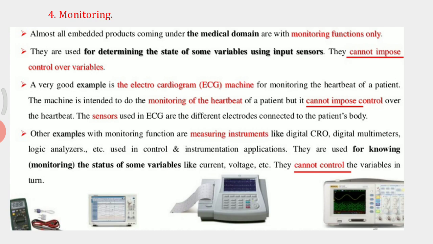Then monitoring. Almost all embedded products in the medical domain have monitoring functions only. They are basically used for determining the state of some variables using input sensors. They cannot impose control over variables. An example for monitoring is the ECG, electrocardiogram machine.